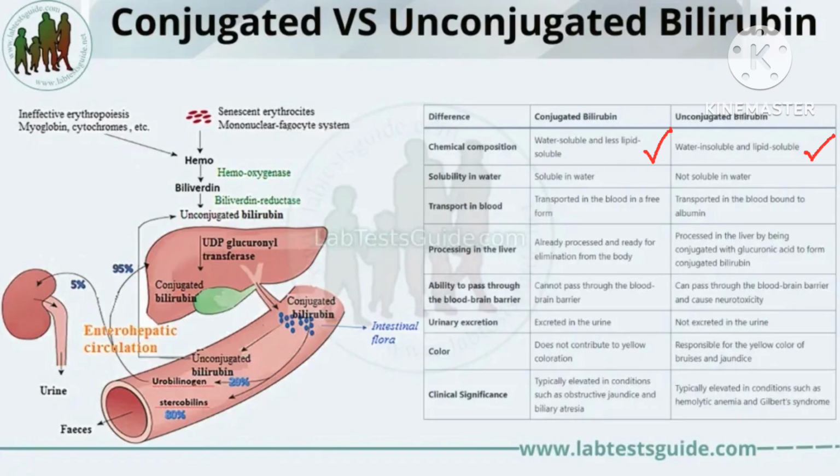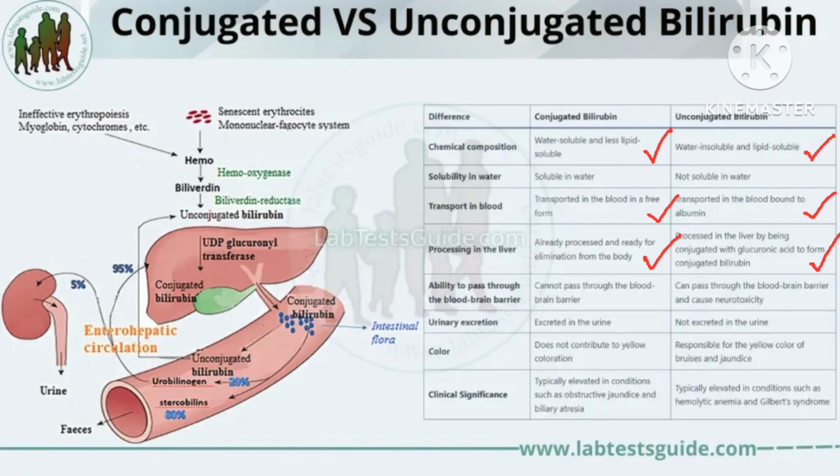The conjugated one is transported in blood in a free form, while the unconjugated bilirubin is bound to albumin. The unconjugated bilirubin is still to be processed in the liver by being conjugated with glucuronic acid, while the conjugated bilirubin is already processed and ready for elimination from the body.